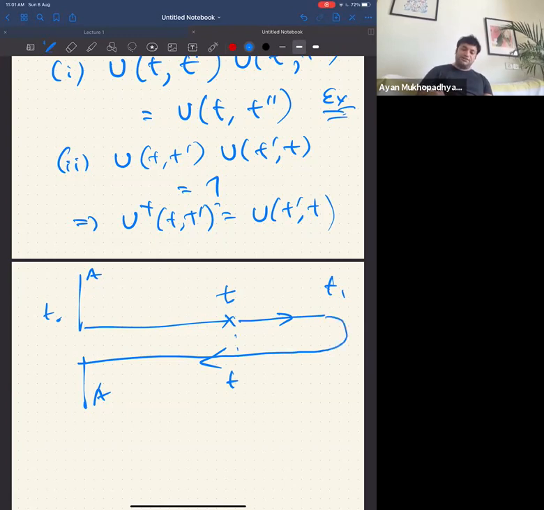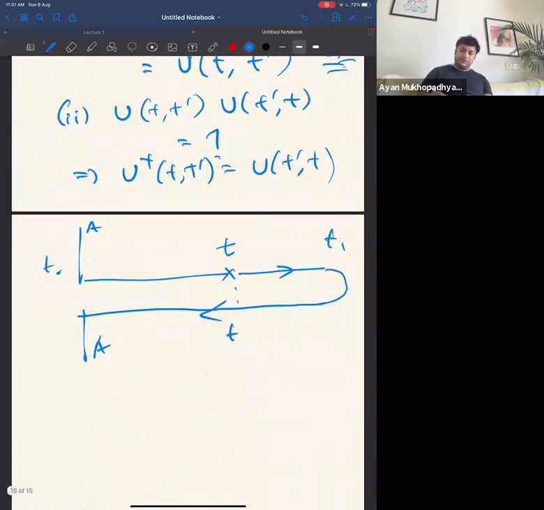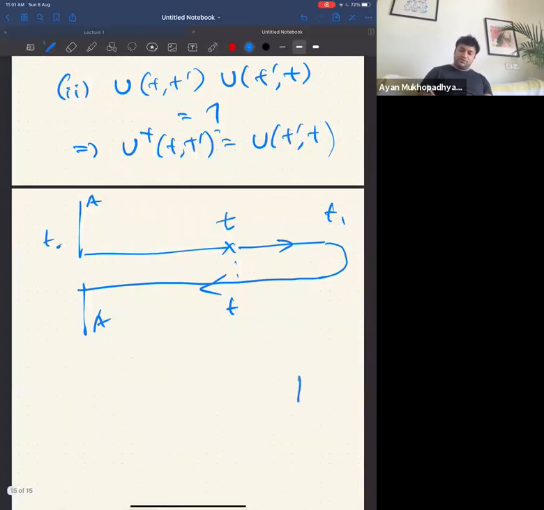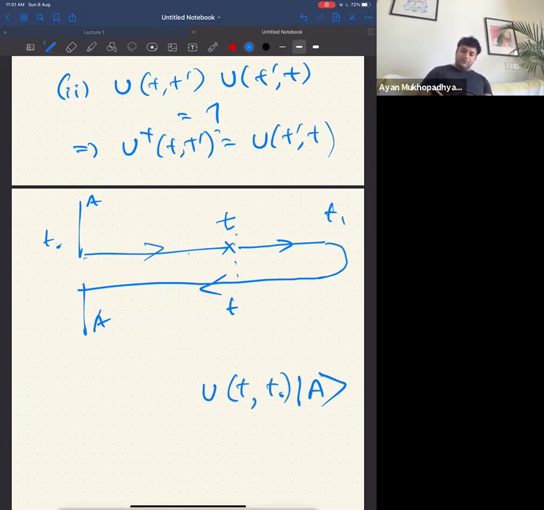Now what you're doing pictorially, if you want to convert this into a mathematical formula, is as follows. You are doing A, and then this part will be U(t0, t). I'm reading like Urdu. And then from T, I'm going to T1, then going back from T1 to T0. Sorry, let me do it slowly.